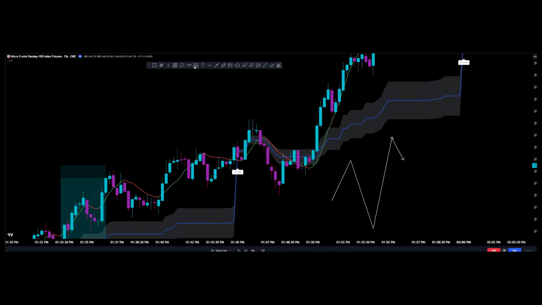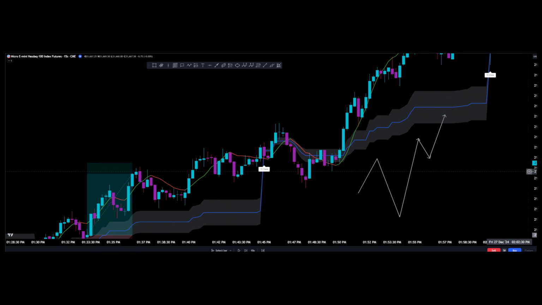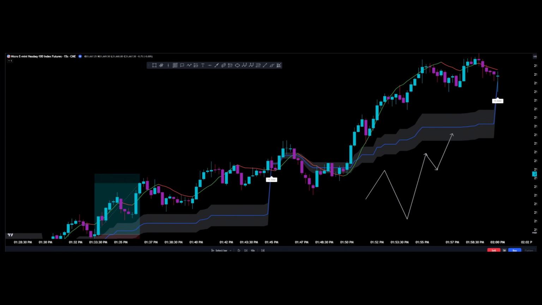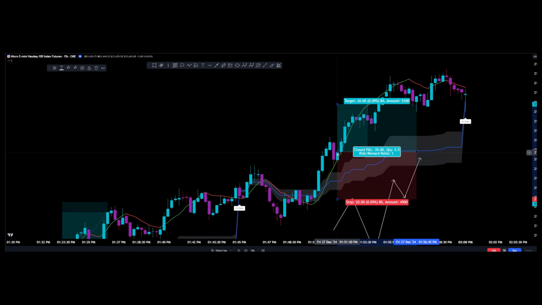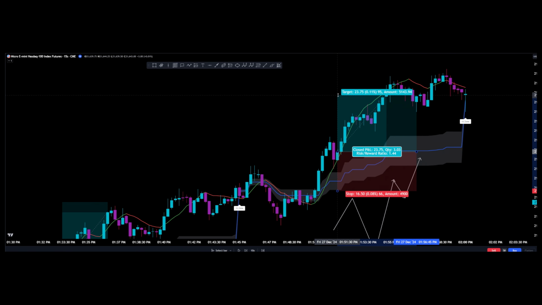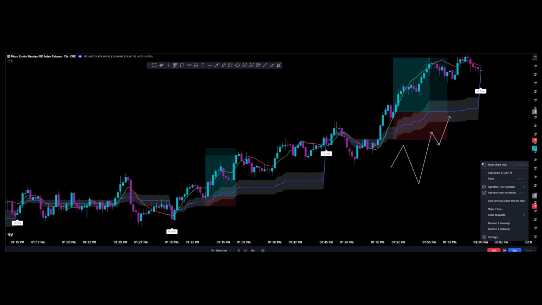Well, what is this? This is a break and retest. So you're seeing the break and retest inside of a 15-minute candle. You're watching it in real time right here. So you can take this trade right here and collect some ticks. That's exactly what the first light beacon does.